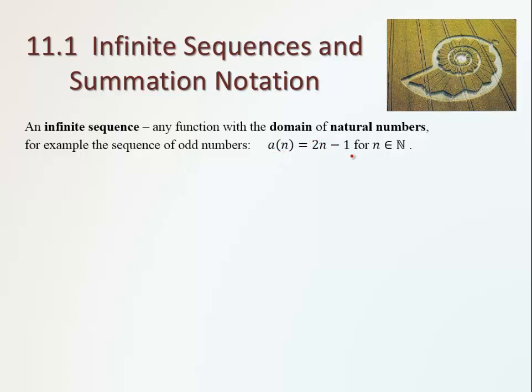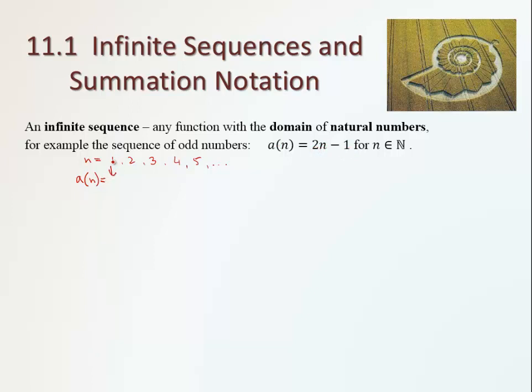So let's see what this function really looks like. The input is 1, 2, 3, 4, 5, and so on. So in this row we'll have our n, and then for every n we assign a value. The value will be called a of n. That's the value of function a at the point n. If you plug in 1 in this expression, 2 times 1 minus 1 is 1.